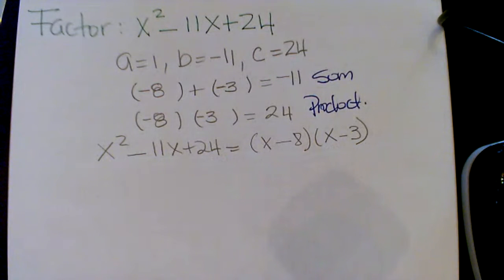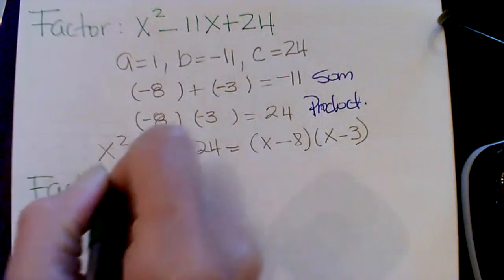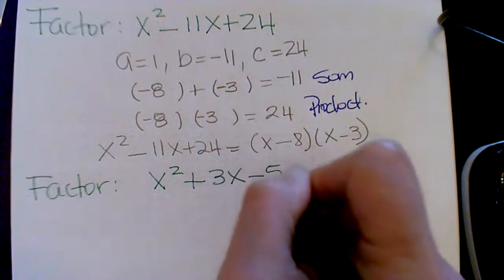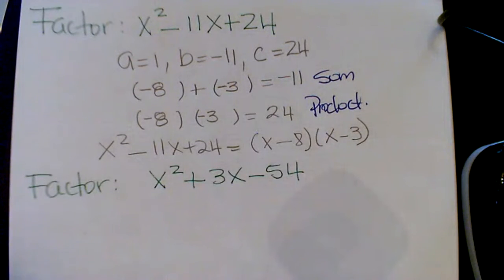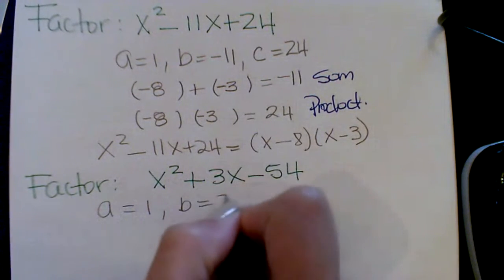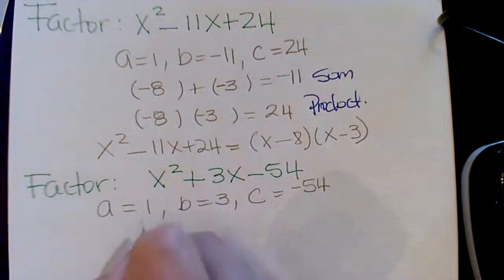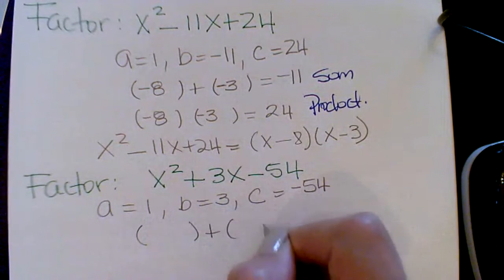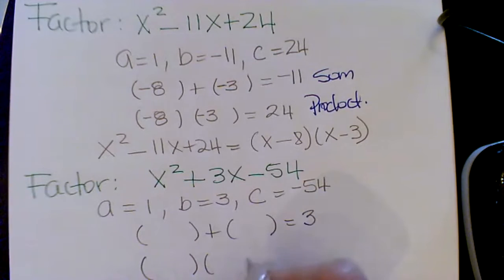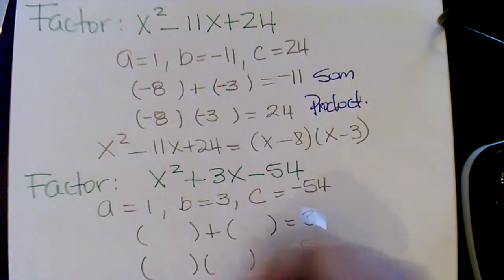So here's another example. Factor x squared plus 3x minus 54. We know a is equal to 1, b is equal to 3, and c is equal to negative 54. So I need two numbers that when I add them, I get 3, and when I multiply them, I get negative 54.